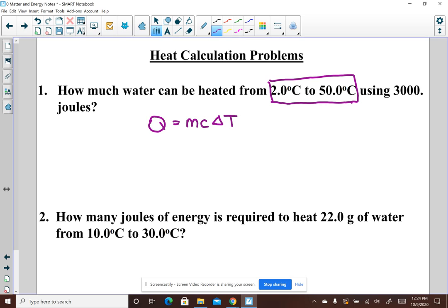Okay. Now I need to go in and plug in what I'm given. So for this question, I'm given 3,000 joules. So they're actually telling me how much heat I have being added. They're not giving me a mass. That's what they're asking me to solve for, how much water. So m is going to be my unknown.